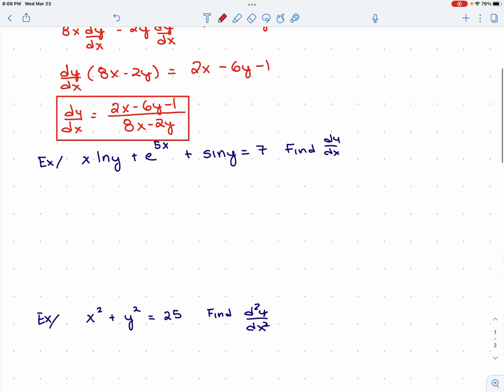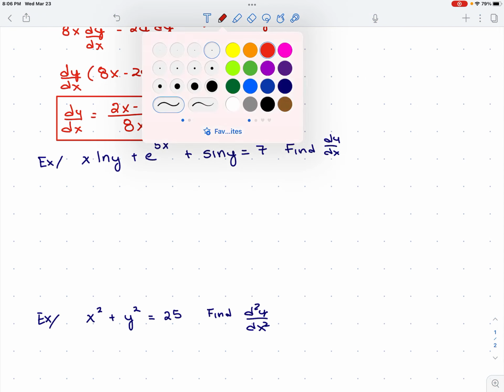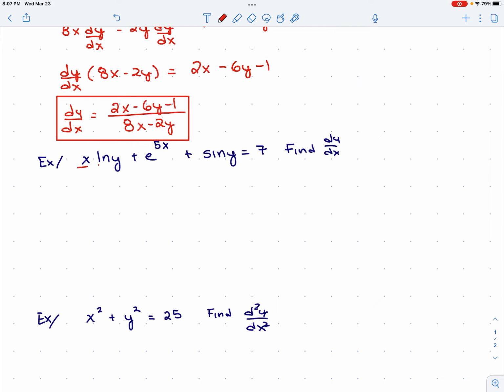Okay, so let's try another one. Okay, so again, I have a product. So first, the derivative of ln y is 1 over y times dy/dx. Again, because it's not ln x. If it was ln x, it would be 1 over x.